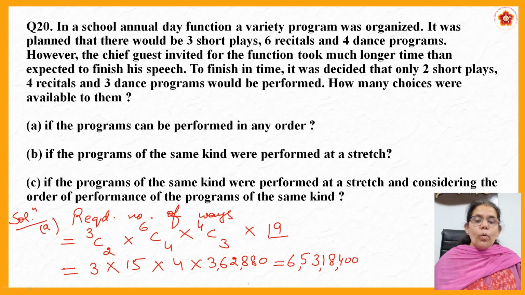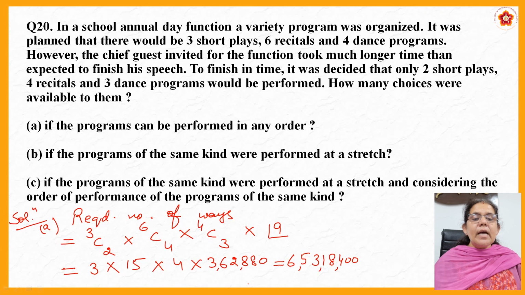Now in B part, they have clearly written that these 9 items which are chosen, the programs of same kind were performed at a stretch. That means 2 short plays have to be performed together, one after the other. 4 recitals have to be performed together.